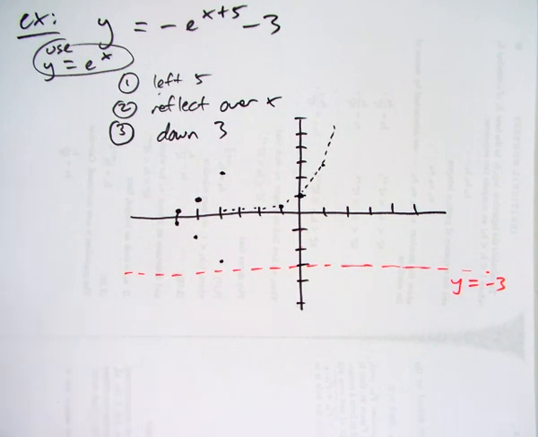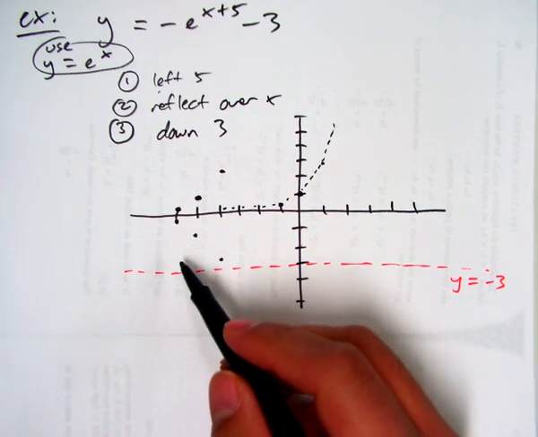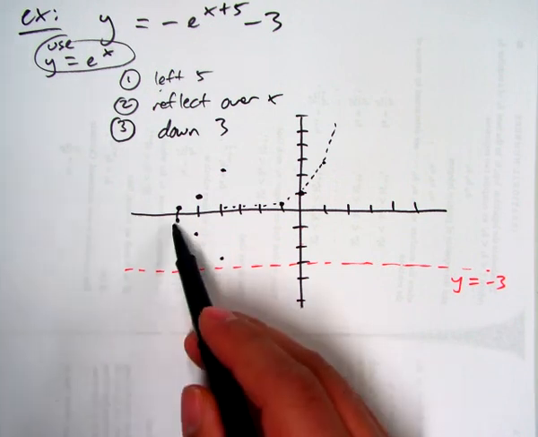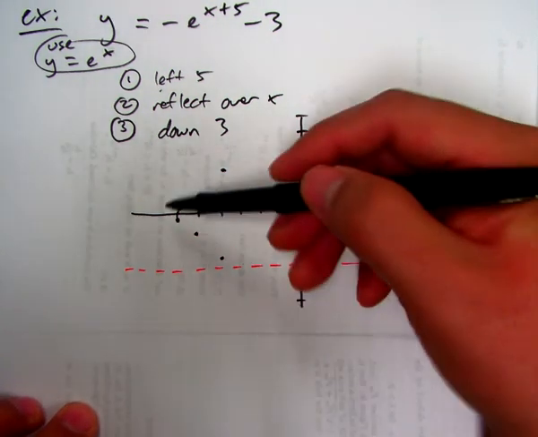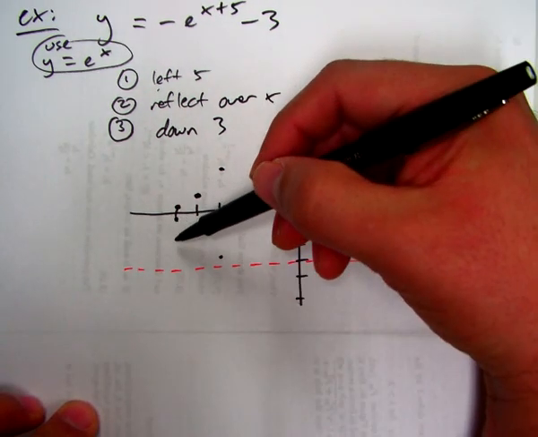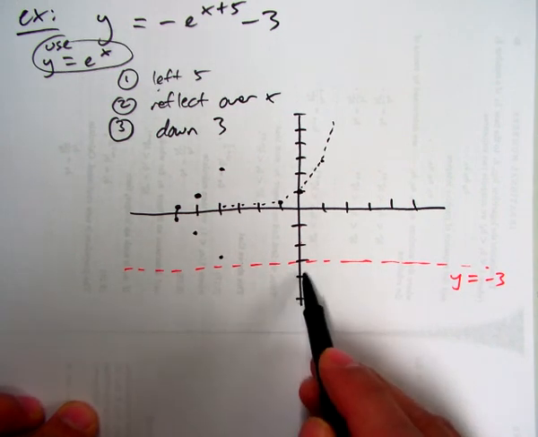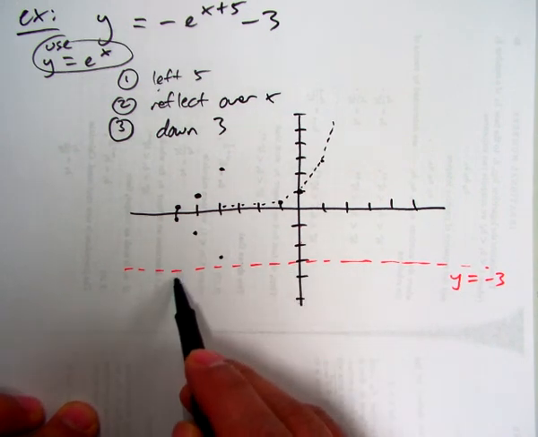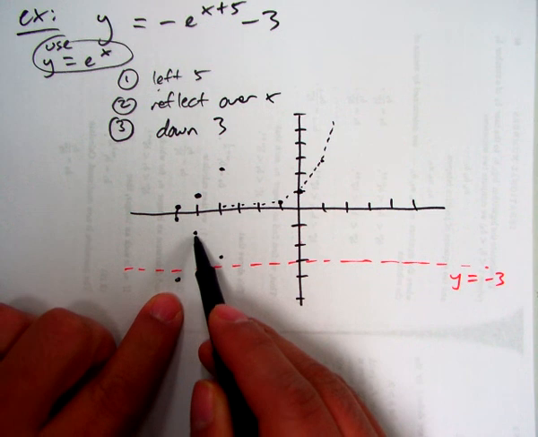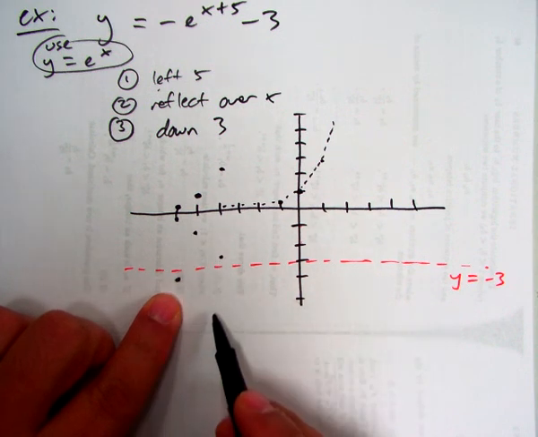There's a couple ways that you can graph these points. You could literally just take this point and go down 1, 2, 3, so almost to negative 4. Take this point, which was at 1, shift it down 3, so now we're going to go to negative 4.